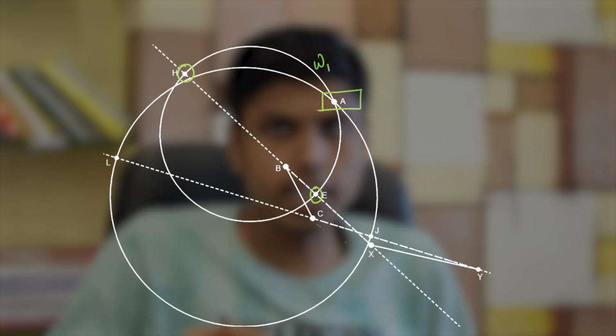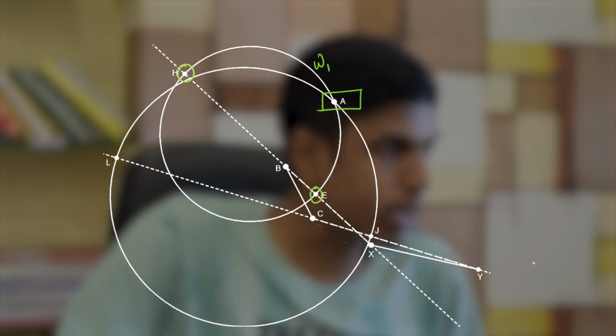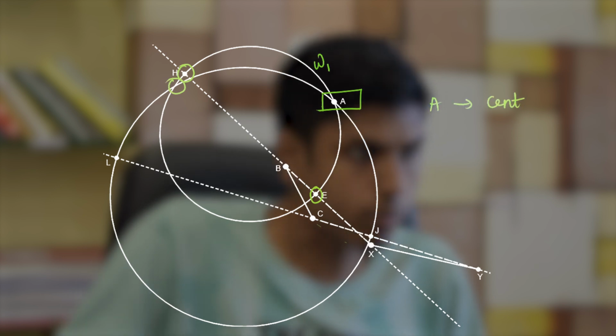One can as well take the second point of intersection, but even A could denote the center of spiral similarity.